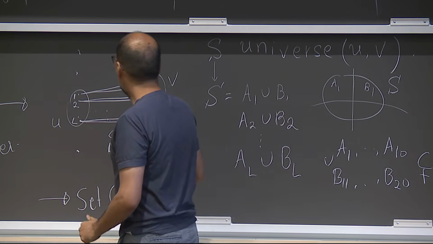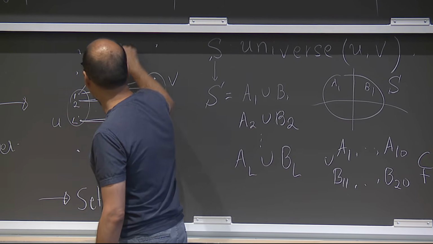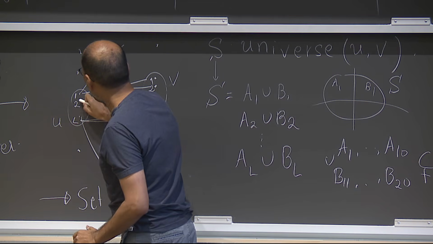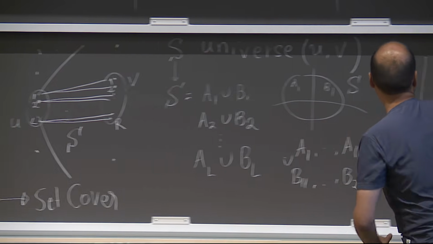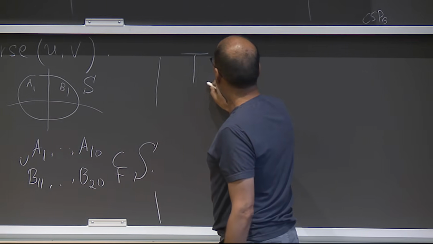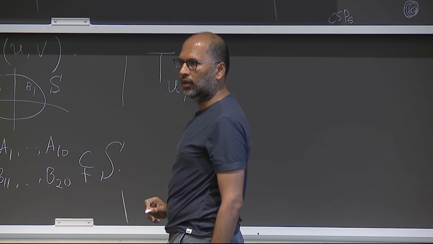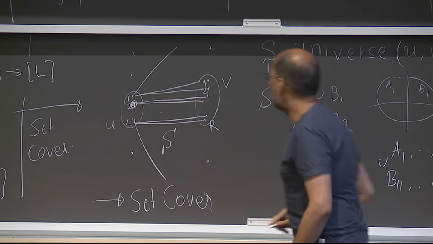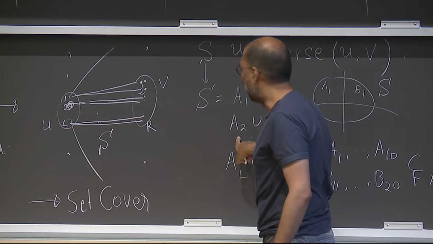If you want to do even more, what you actually do is, of course, this vertex U is involved in more edges in the whole label cover, in which case you could construct a set, let's say T for a vertex U of the label cover and the label number 2. So this would be the set corresponding to this. This should correspond to the set A2, right?